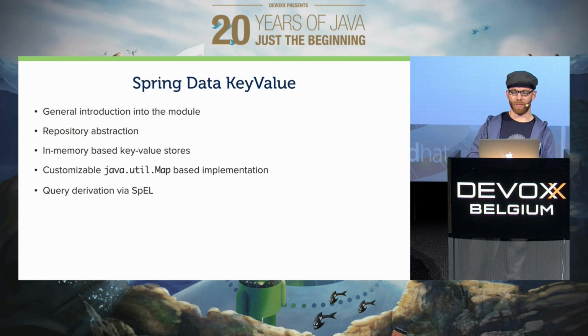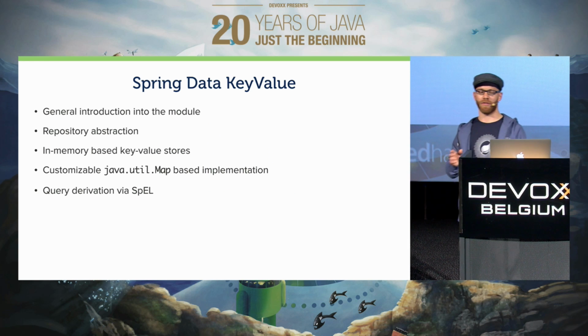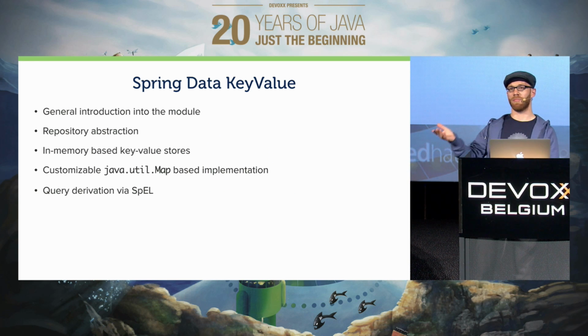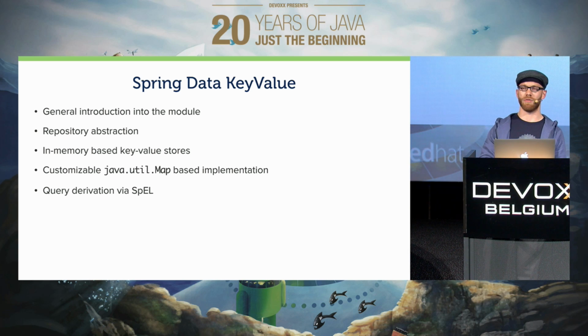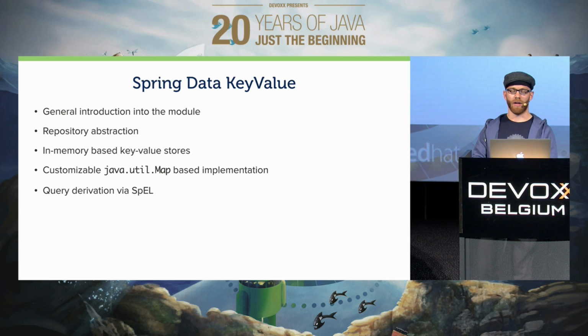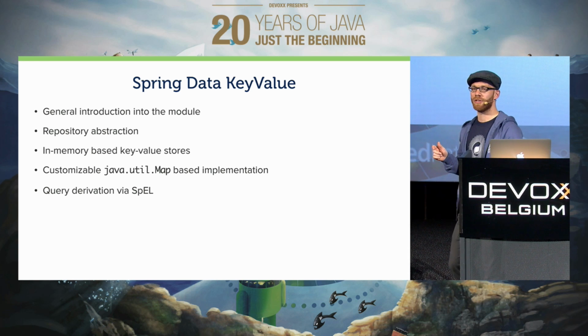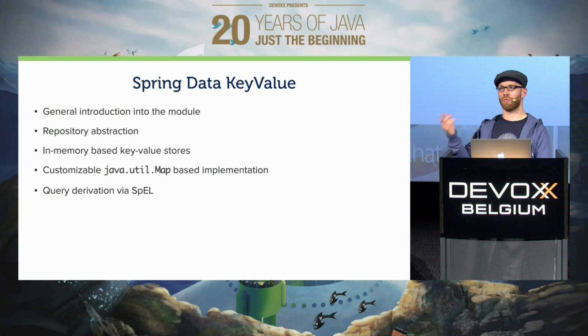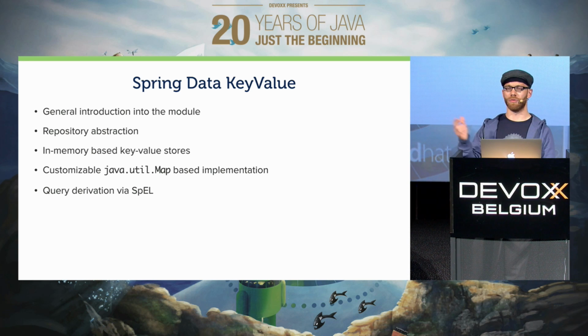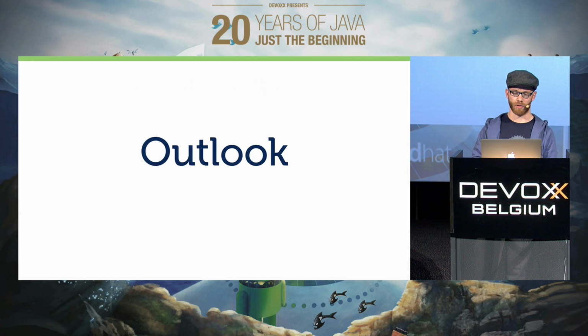Let's skip the demo here. It basically assumes that all of the data that you have in here is or can be stored in some map implementation by default, and for testing purposes we just provide an implementation that's using a concurrent hash map, and that still does query derivation using the Spring expression language, which means that you can still query your data like you're used to with JPA or whatnot.